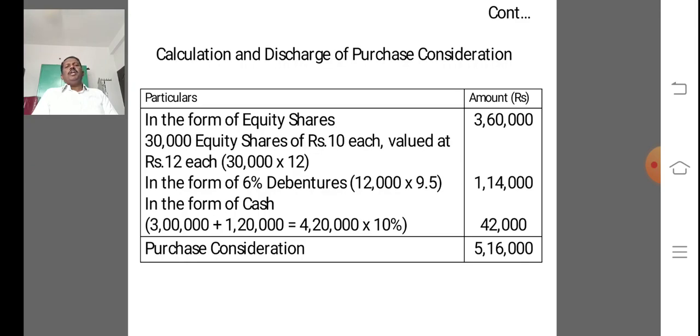Into 10 divided by 100, that is 42,000. So in the form of equity shares 3 lakh 60,000, in the form of debentures 1 lakh 14,000, in the form of cash 42,000. So the total purchase consideration is 5 lakh 16,000.